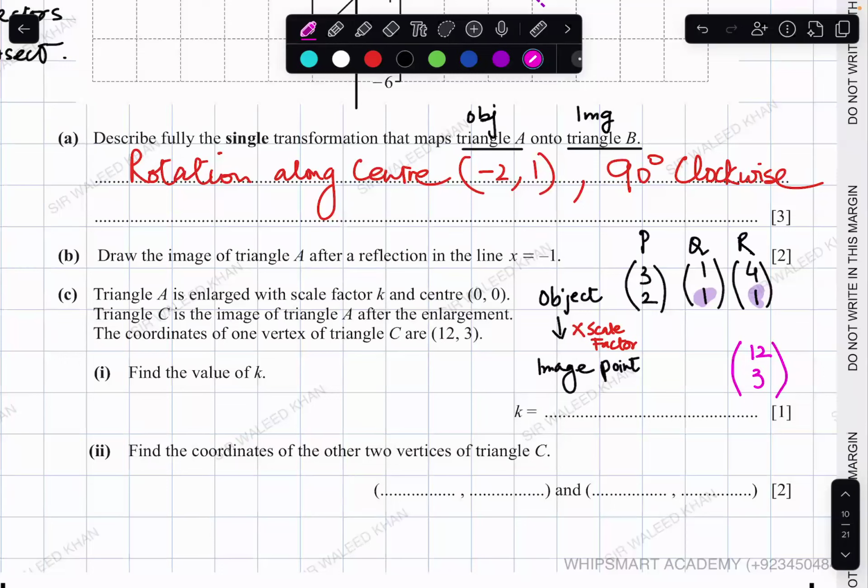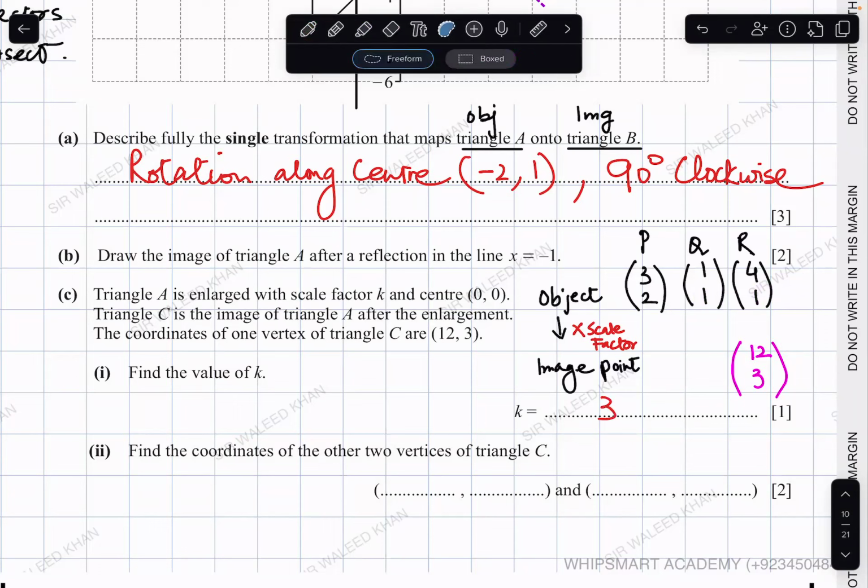Then we moved from 4. What should I multiply with 4 to make it 12? Mahanur, what should I multiply it with? 3. And what should I multiply with 1 to make it 3? 3. Is there any other point which can turn to 12 and 3? No, right? So our scale factor is 3. That's it.